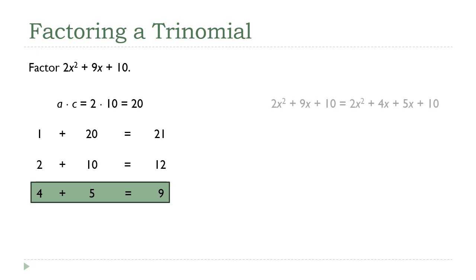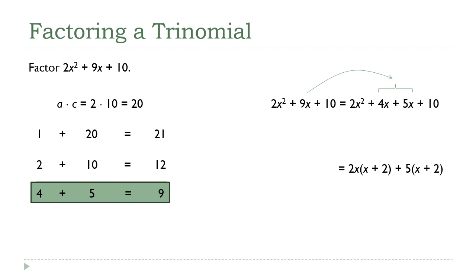Okay, so here's what I'm going to do. I'm going to take that 9x and split it up into 4x plus 5x. I'm using the 4 and the 5, that pair that I came up with. Now I can factor this by grouping. The end result is going to be this thing.